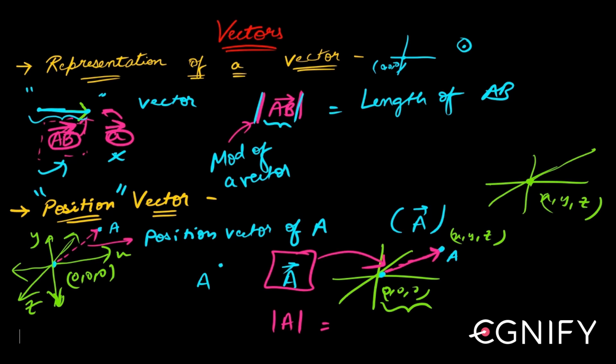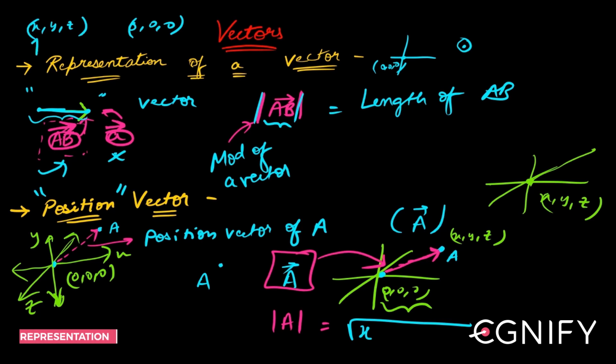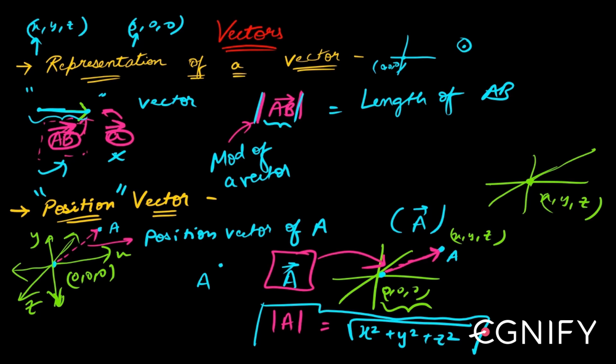The distance between these two is the length of the vector, mod A. So you have a point x, y, z, and another point which is 0, 0, 0. You need the distance between these two. You obviously know the distance formula: under root of (x1 minus x2) whole square, and so on. Your x1 is x, your x2 is 0, so it is x minus 0 whole square, which is x square. Similarly, y minus 0 square is y square, z minus 0 square is z square. So this is the magnitude of the position vector of a point having coordinates x, y, and z, right?